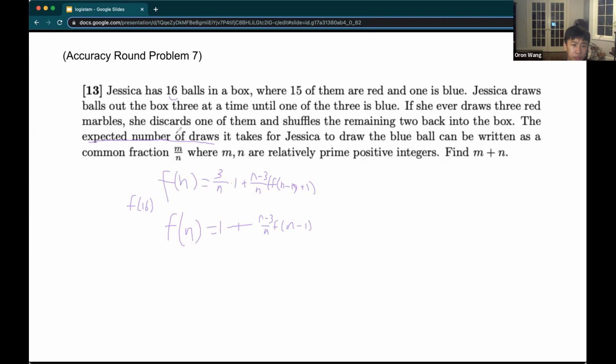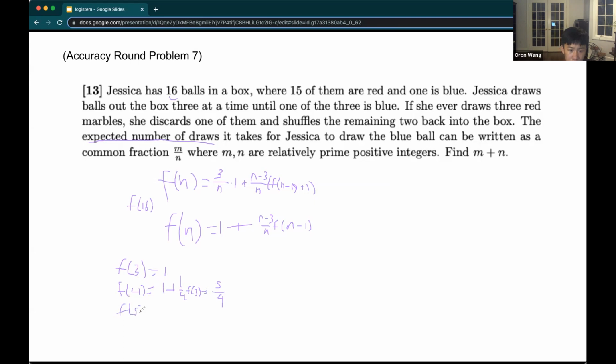And now we can start computing small values of this function. So we see that f of 3 equals 1. F of 4 equals 1 plus 1/4 times f of 3, which is 5/4.